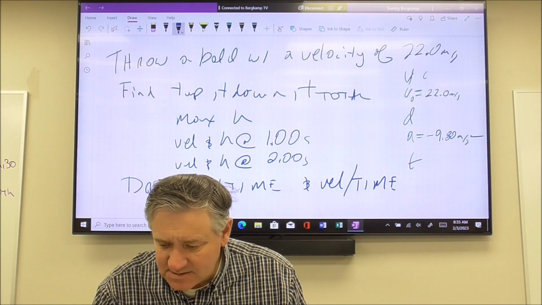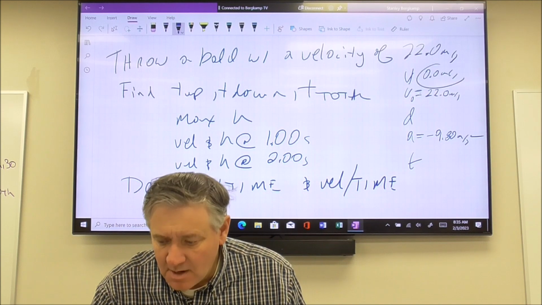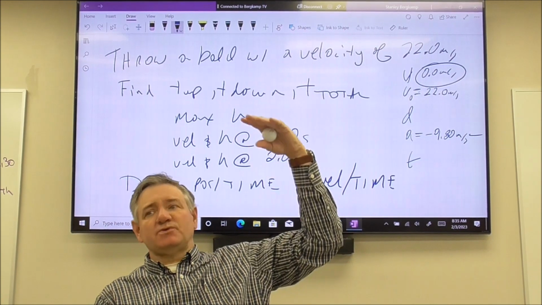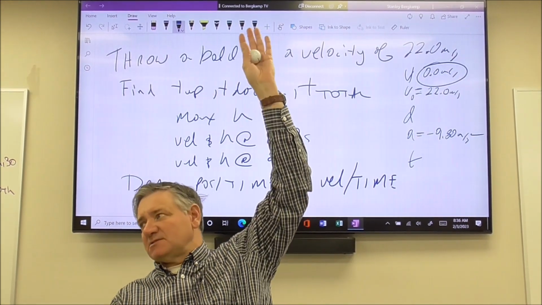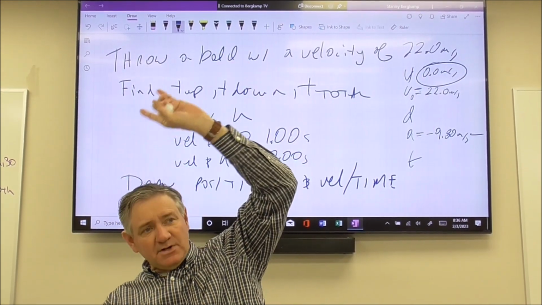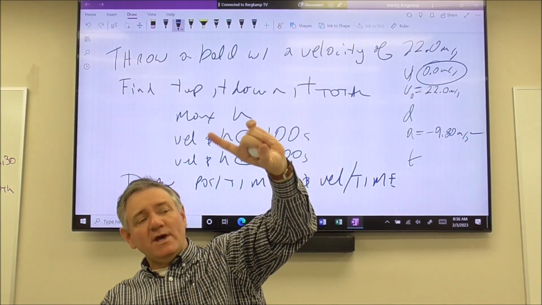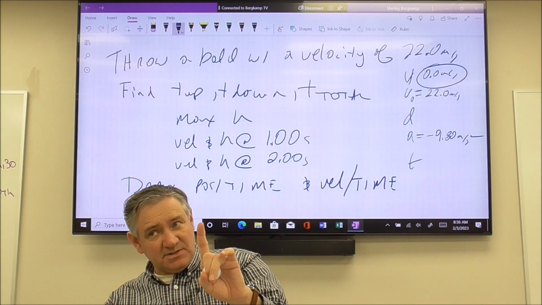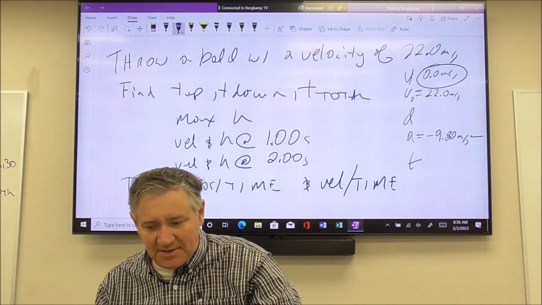Now, that's going to be 0 meters per second. But that's only going to be at maximum height. Okay? It's going to go from 22 to 21 to 19.8, all of these things in between. But that's going to be a critical value. When it's at its maximum height, final velocity is going to be 0. Okay, got that going for us.